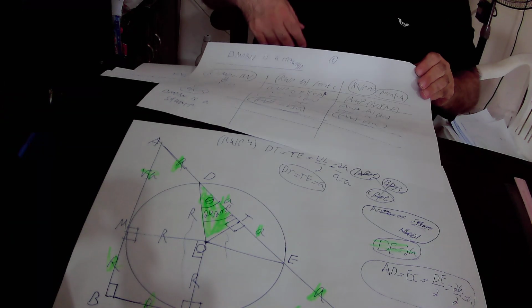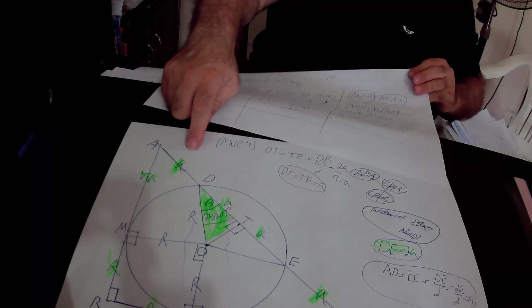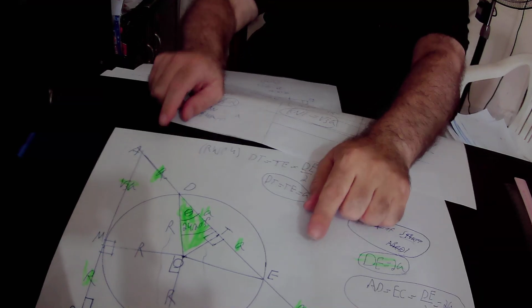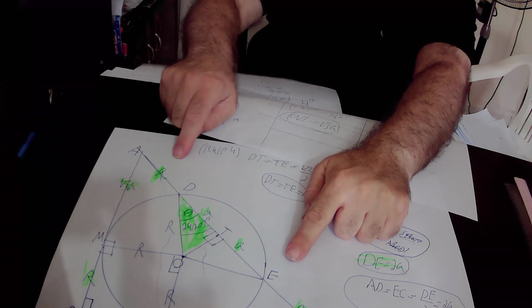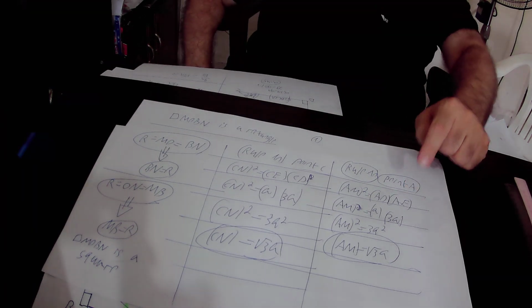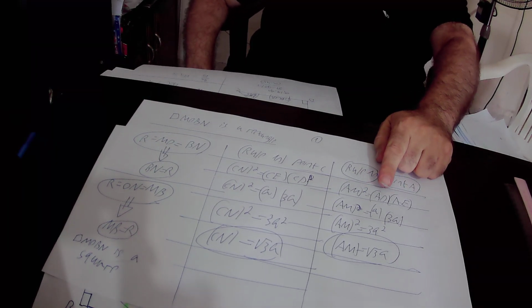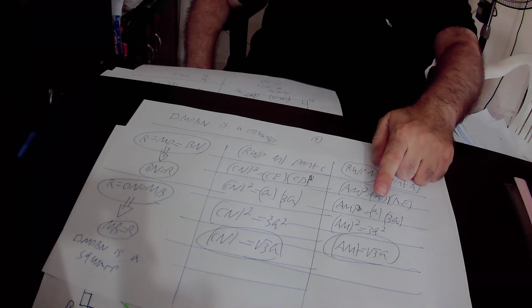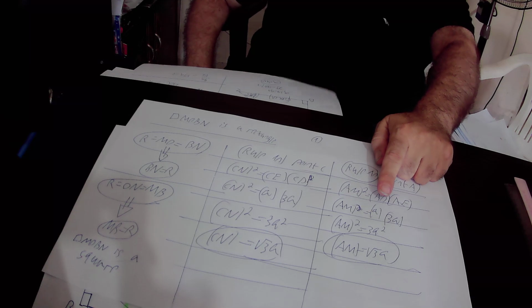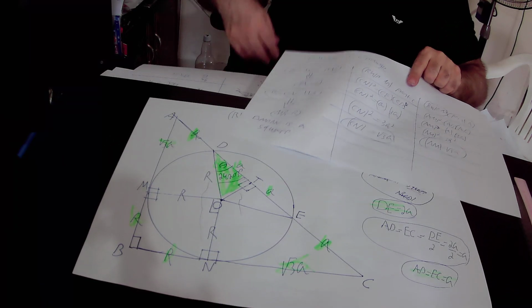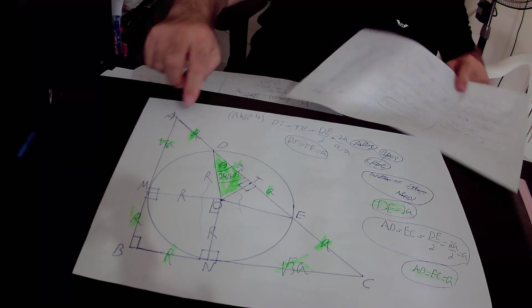Here AD equals A, therefore we substitute AD by A. AE equals A plus A plus A, that is 3A, therefore we substitute AE by 3A and found out that AM squared equals A times 3A, which is 3A squared. We took the root of this equation and found out that AM equals the square root of 3 times A.